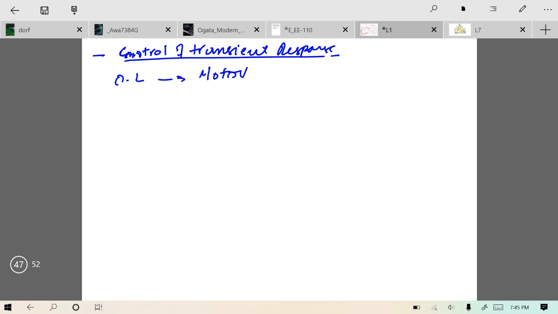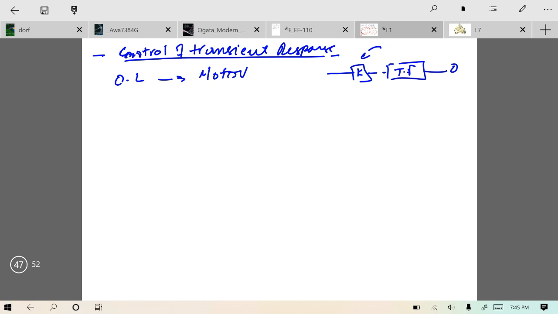So a controller, dimmer or resistor can be installed in series. For example, K can be a controller, this is your transfer function, and this is your output. So your open loop system can be controlled with this K.